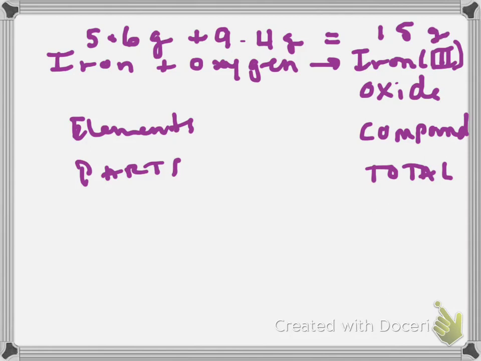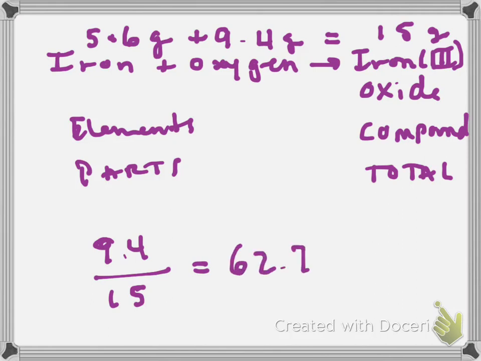To do the percents, and they just ask for the percent of oxygen here, 9.4 divided by 15. The grams would cancel out and you get 62.7% oxygen. And you could figure out the percent iron the other way if you wanted.